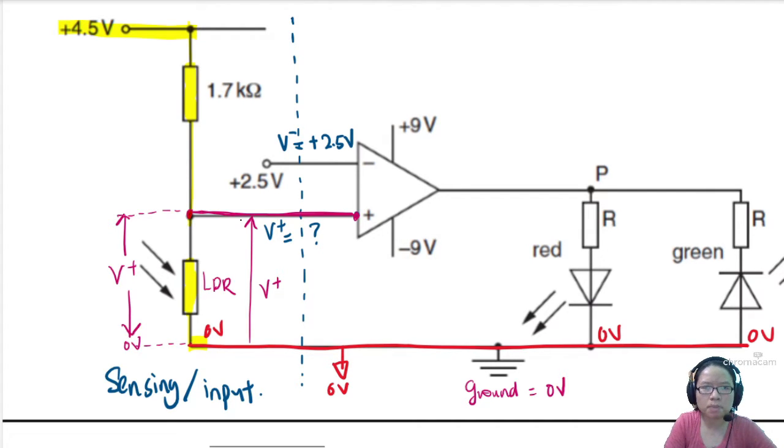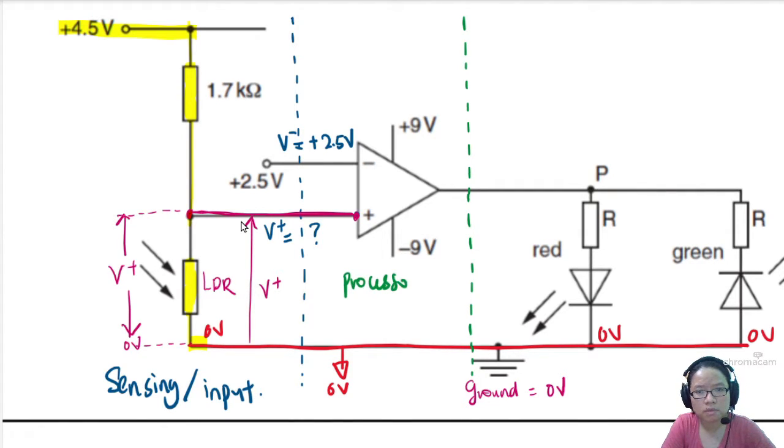Next part, the center part. Study the processing unit, or the processor. Here is the processor. Your processor is very beautiful. It has no feedback loop, meaning there's no other connection that redirects anything from the output back to the input.